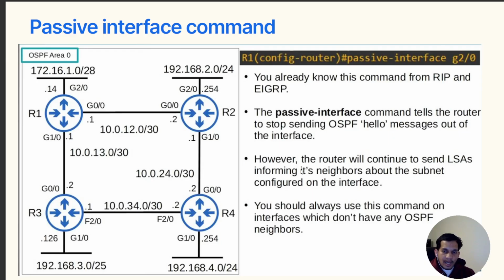However, the router will still send LSAs informing its neighbors about the subnet configured on its interface. It will send LSAs to the neighboring routers but not out of the passive interface. You should always use this command on interfaces which don't have any OSPF neighbor. There is no OSPF neighbor here, so just configure passive interface.